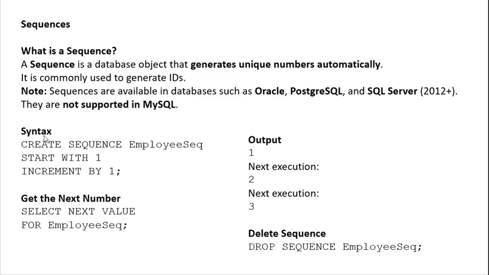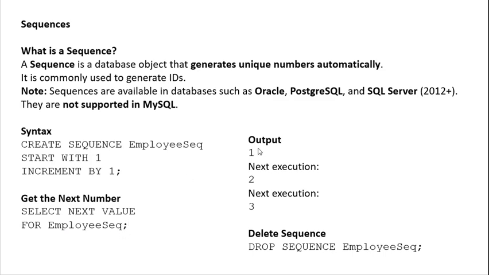The syntax is CREATE SEQUENCE, and the name is employee_sequence, START WITH 1, and INCREMENT BY 1, and the semicolon. After that, to get the next numbers, SELECT NEXT VALUE FOR employee_sequence, and the semicolon.